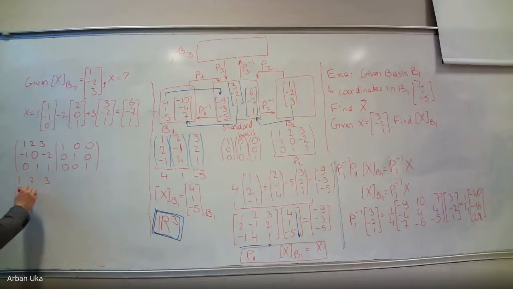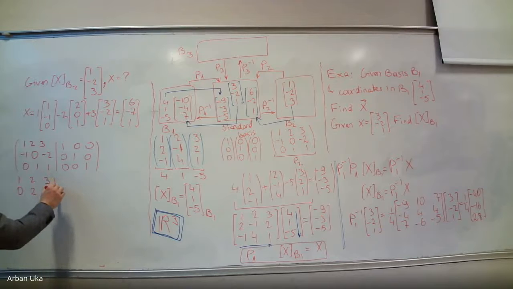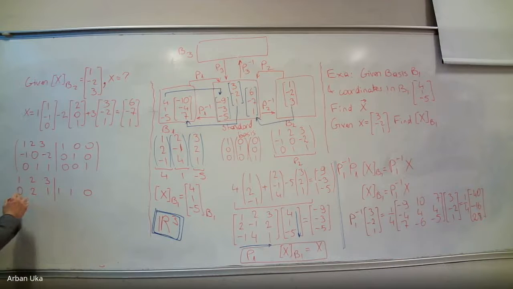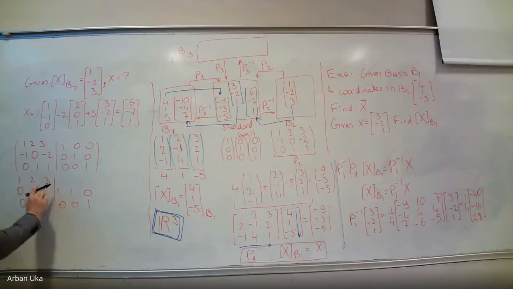This is 0, 2, 1. If we add these two together, we get 1, 1, 0. And then we can divide this by 2. This becomes 1, 0.5.